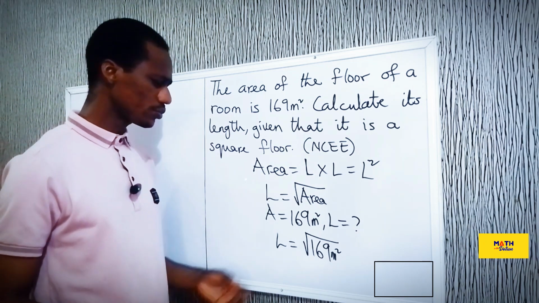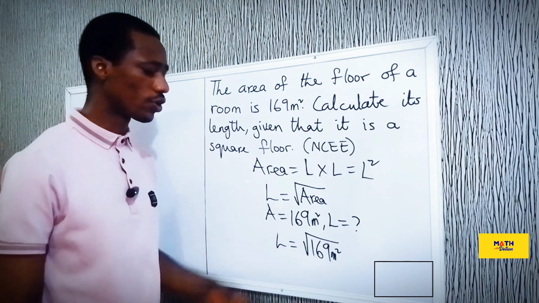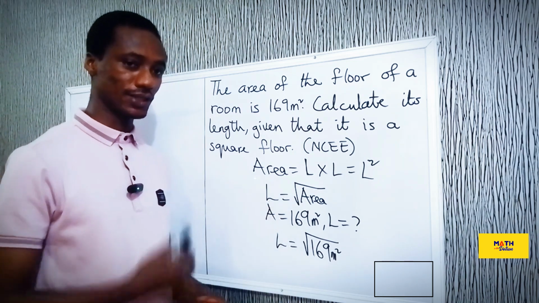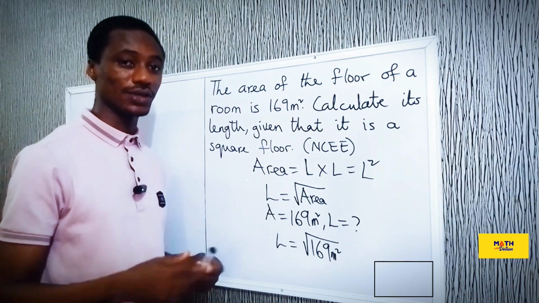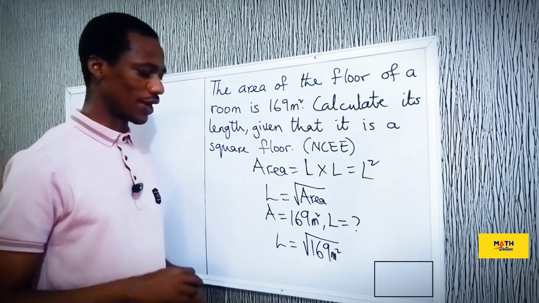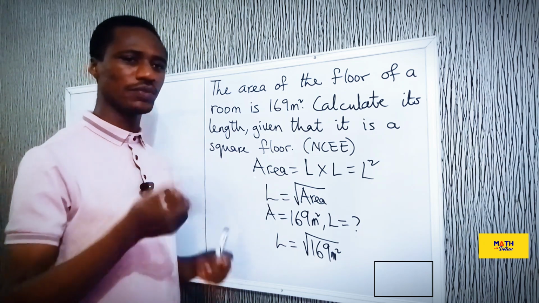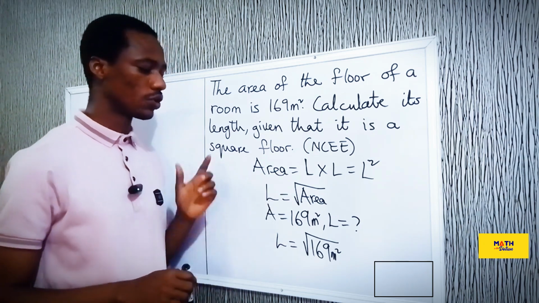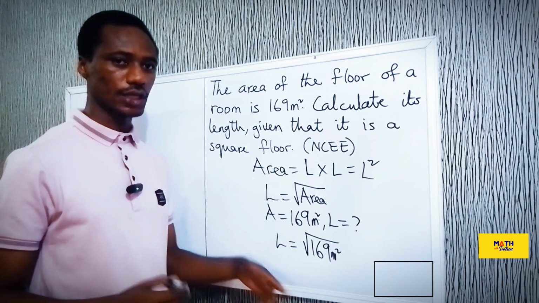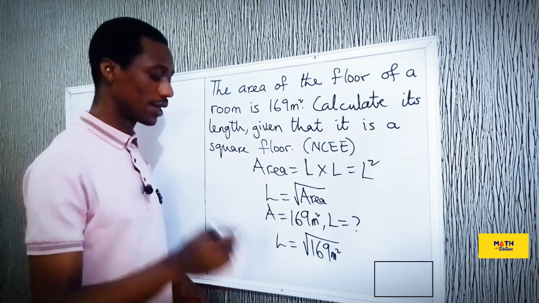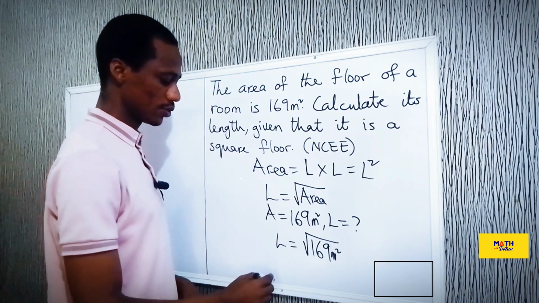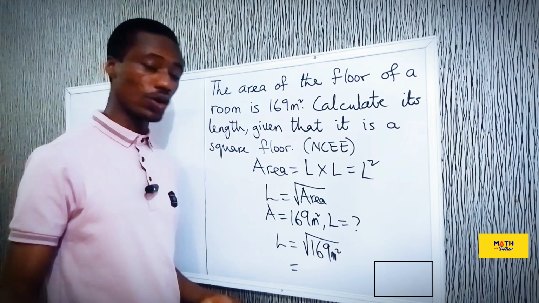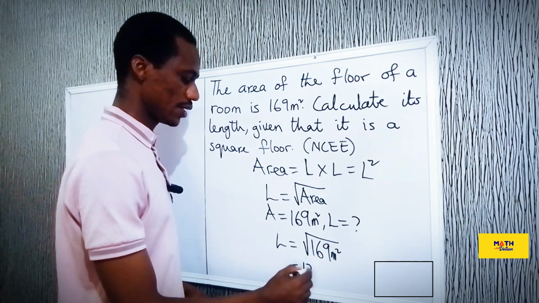So what is the square root of 169? If you had listened to the ones I've said, you would have found it. What number would you multiply by itself to give you 169? That's 13. 13 times 13 is 169. So the square root of 169 is 13.